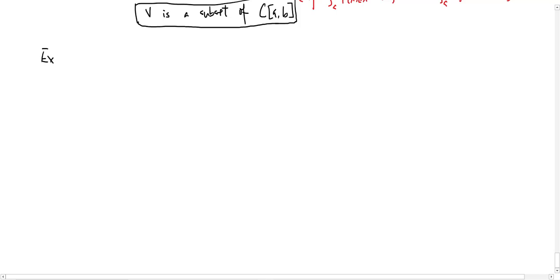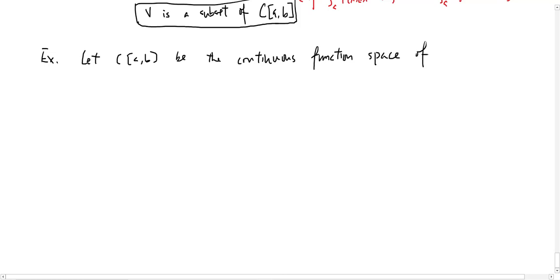Example. So once again, let's say we let C from a to b be the continuous function space of all functions f that map from a to b to some real numbers.